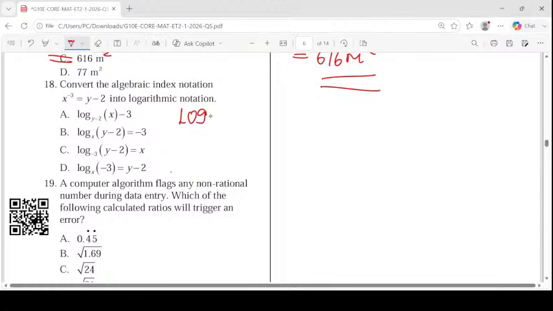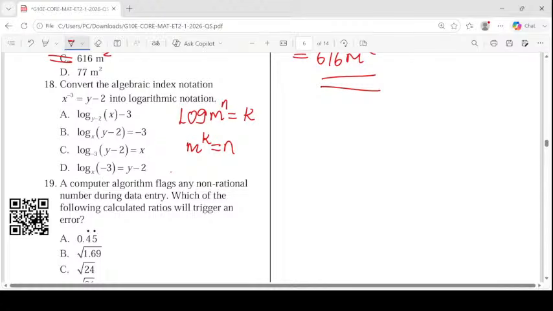Log m power n being equivalent to k. In index form, this can be written as m power k being equivalent to n. So if we have m power k being equivalent to n, and we are told to write it in logarithmic form, it will be log m power n is equals to k.